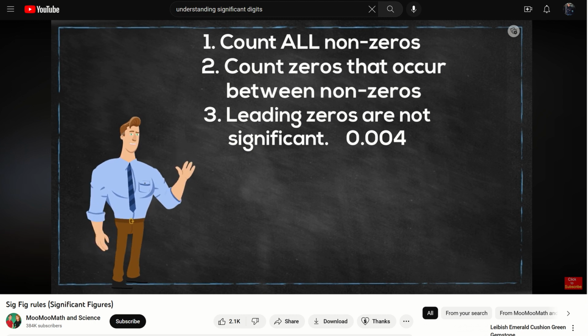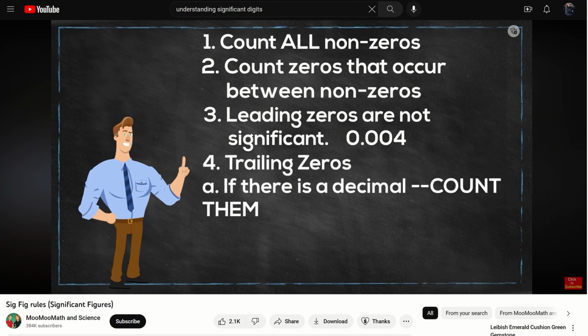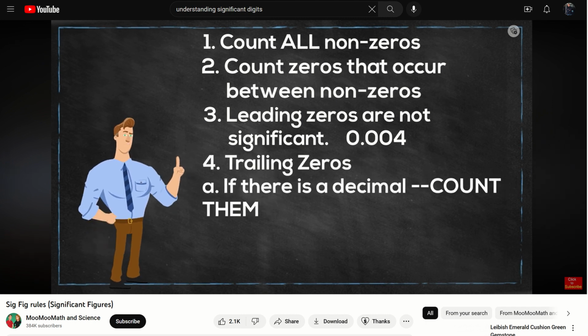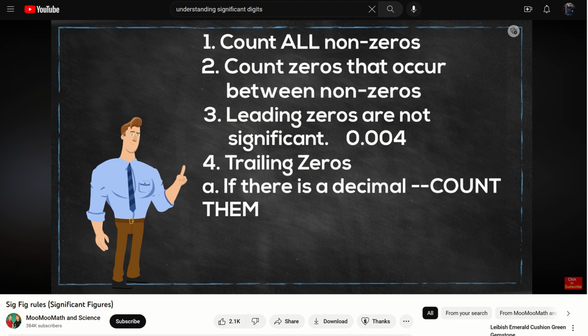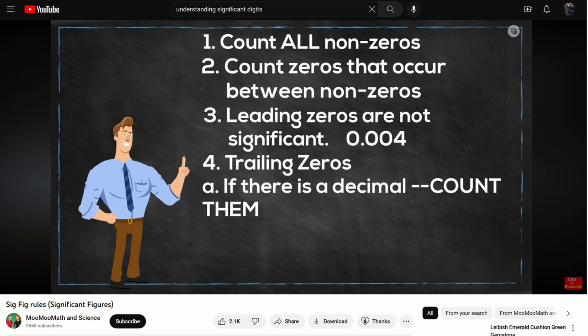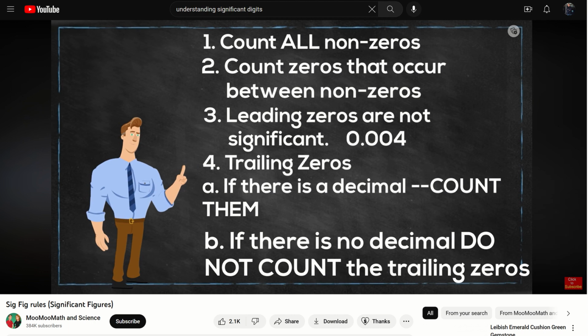For example, 0.004, the zeros are not significant. Trailing zeros are zeros at the end of a number. If there is a decimal, count them. The way I remember this is that zeros always need a decimal to help them. And then finally, if there's no decimal, do not count the trailing zeros.